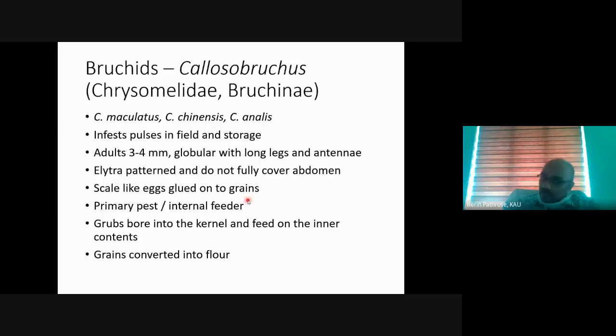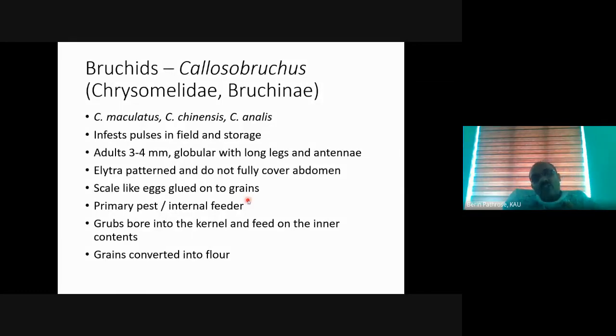So it is a primary pest, mainly a pest of pulses. It's an internal feeder, and again the grain will be converted into flour, just like the earlier pest, lesser grain borer Rhizopertha. We have 3 species: Maculatus, Chinensis, and Analis. It infests both in the field as well as in storage.